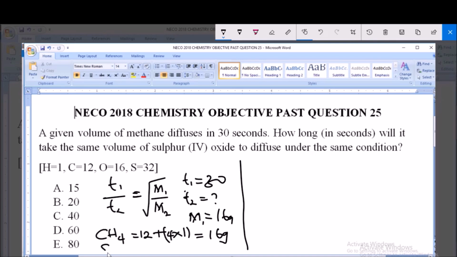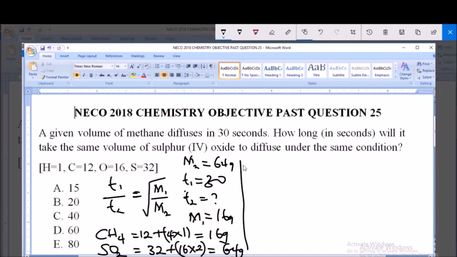Then that of sulfur oxide is SO2, and this is equal to 32 plus 16 times 2, and this will give us 64 gram. So M2, which is the molecular mass of the sulfur 4 oxide, is equal to 64 grams. Now we can find the time taken for this sulfur 4 oxide gas to diffuse under the same condition.